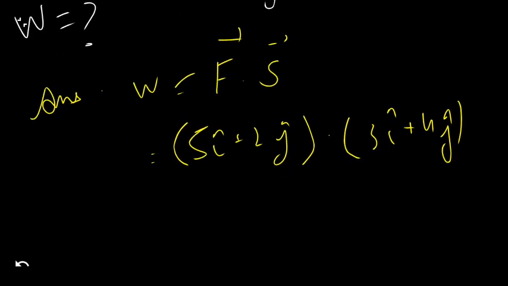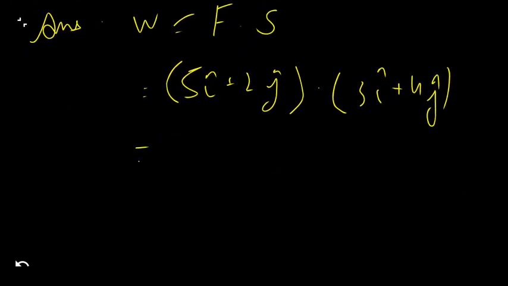So if we follow the rules that I just told you, we will multiply only the same capped vectors and just ignore the caps and only use the magnitude, because as I said, dot product only gives out the magnitude, a scalar quantity, not a vector.